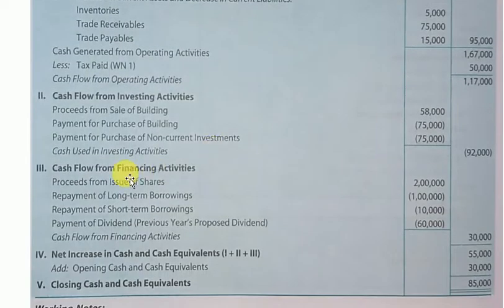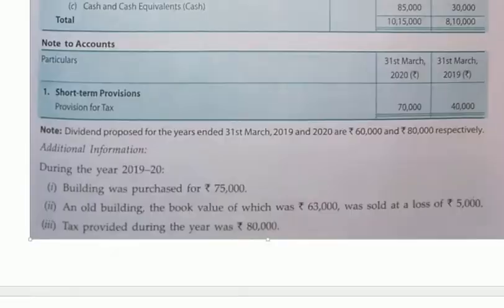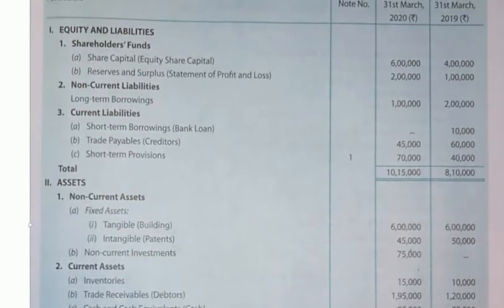So children, point number 3, cash flow from financing activity says proceeds from issue of shares 2 lakh. This is an inflow of cash, so it will be added. Hope this is clear. Now, the second part of shareholders funds, point number B, says reserves and surplus, statement of profit and loss. The previous year profit is 1 lakh, current year it is 2 lakh.